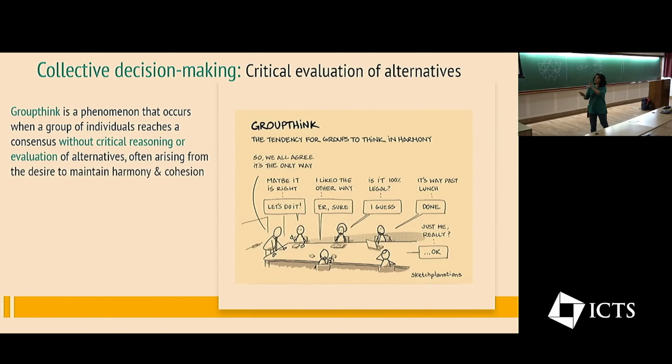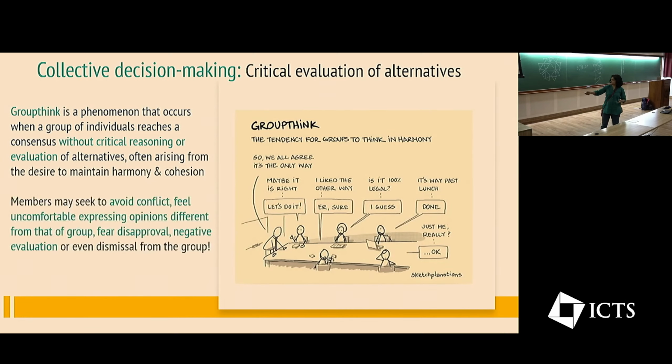That is what groupthink is called, which is probably motivated by the desire to maintain harmony and cohesion, but that may not always be a positive outcome. Members may also seek to avoid conflict and feel uncomfortable expressing opinions that are different from others, for fear of disapproval, negative evaluation, or even dismissal from the group.